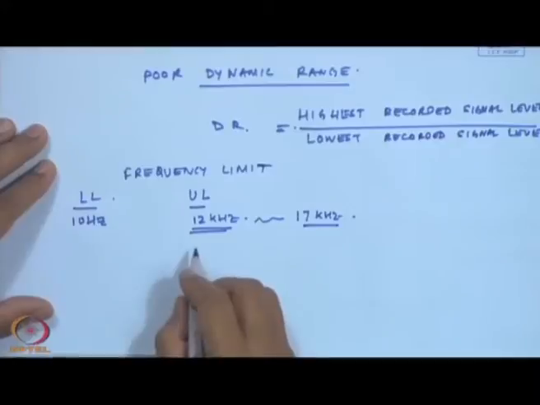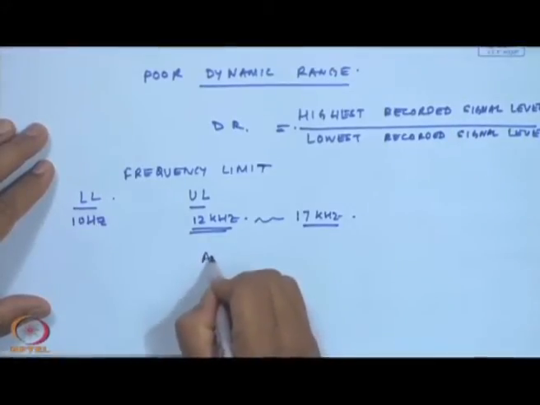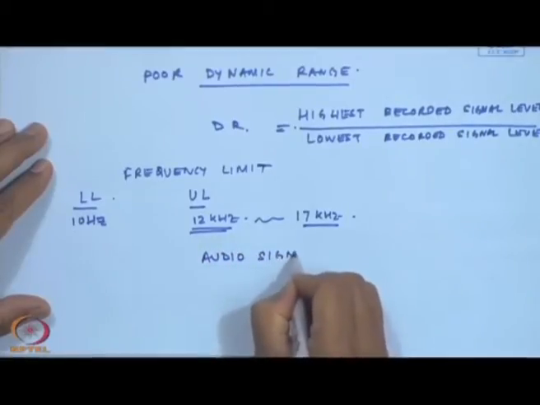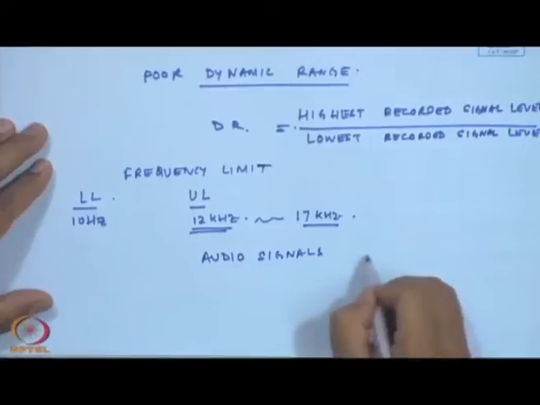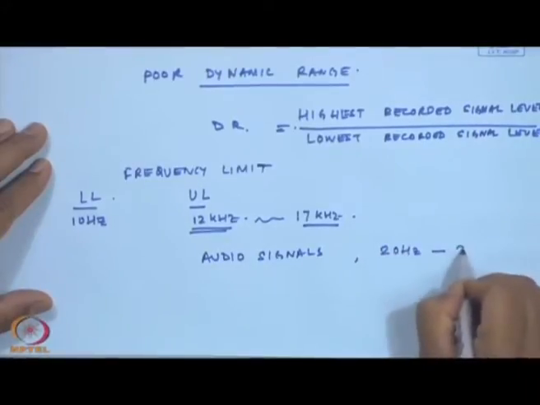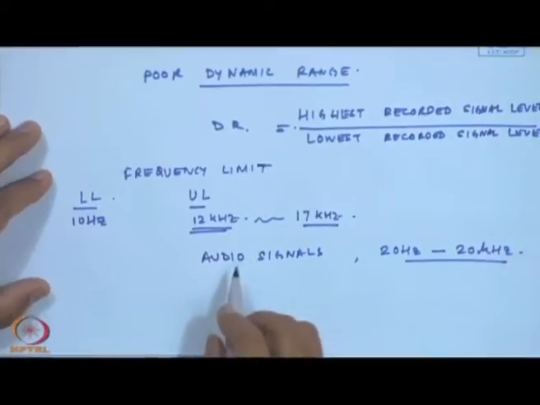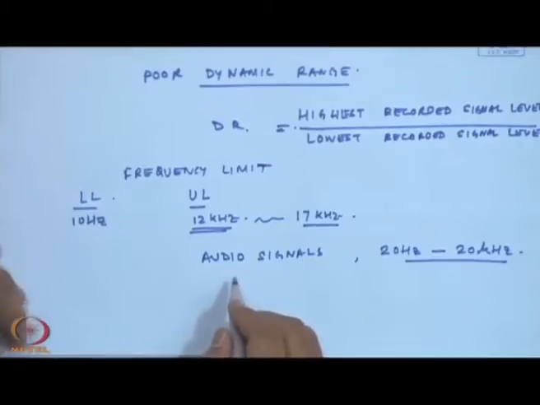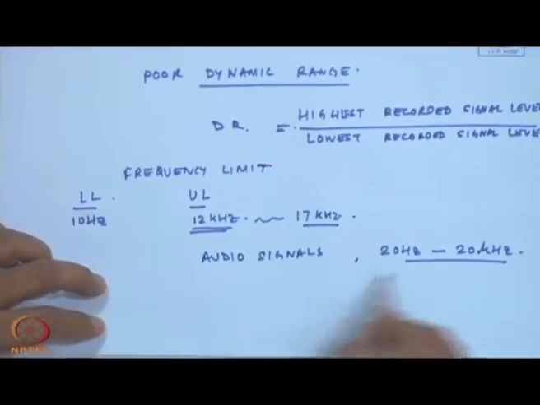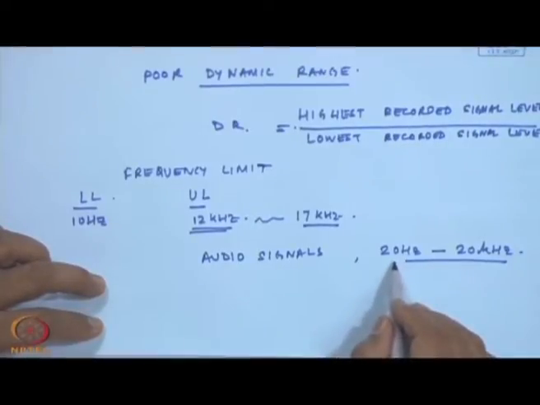But traditionally this direct recording tape recorders were used mostly for recording audio signals. And as you know, the audio signals are in the range of 20 hertz to 20 kilohertz. And these recorders did a good job in recording such audio signals, or for that matter any signals which were in this frequency range.